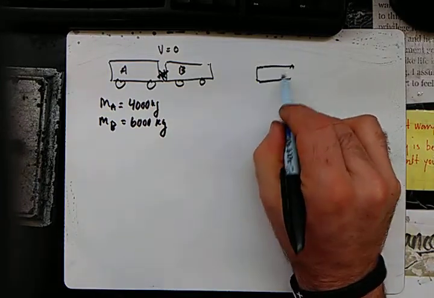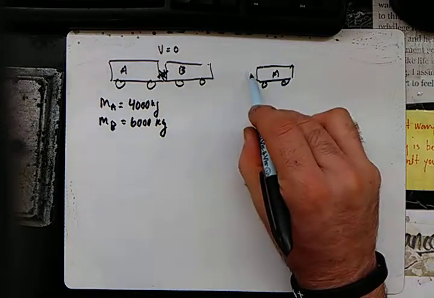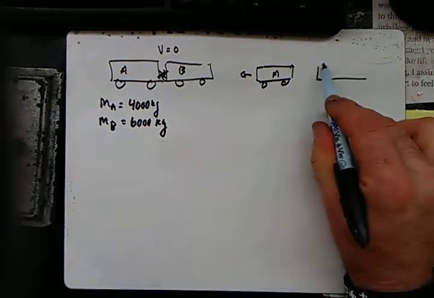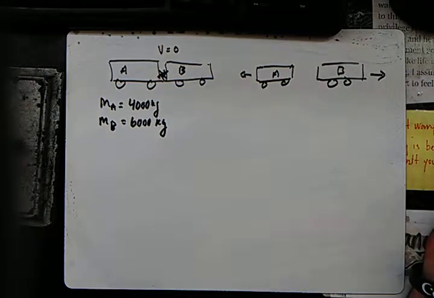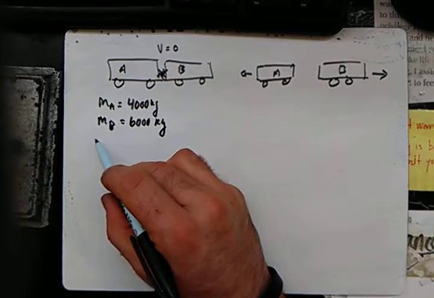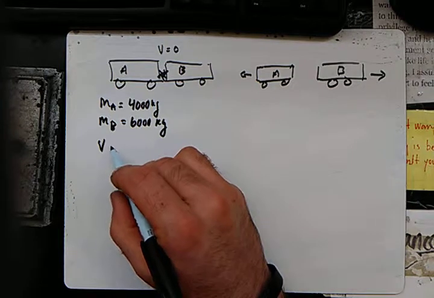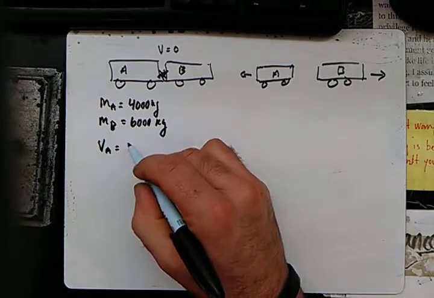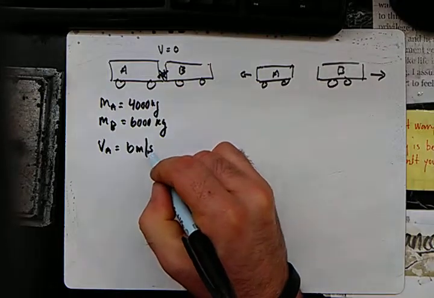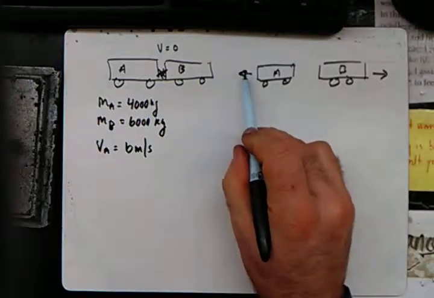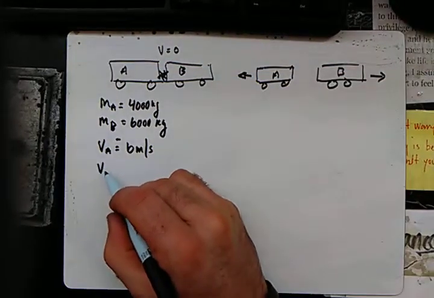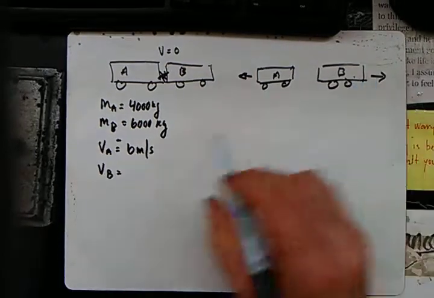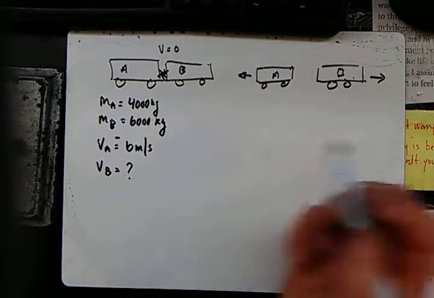A is going to move this way, and B is going to move this way. My question is: the velocity of A is 6 meters a second. We'll call it -6 because it's going to pop this way. We want to know what the velocity of B is going to be. That's the question mark.